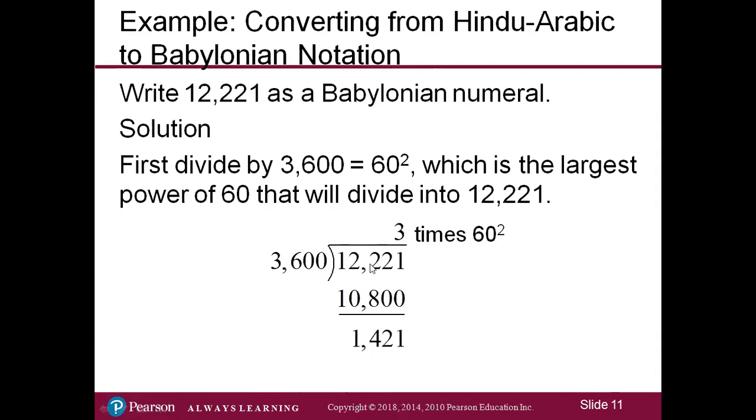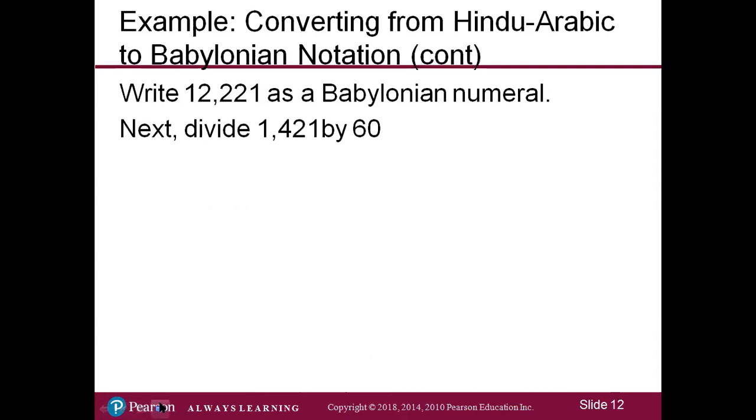3 goes into 12,221 3 times, and we're left with a remainder of 1,421. Next, divide the 1,421, the remainder, by 60, the next lower power of 60.